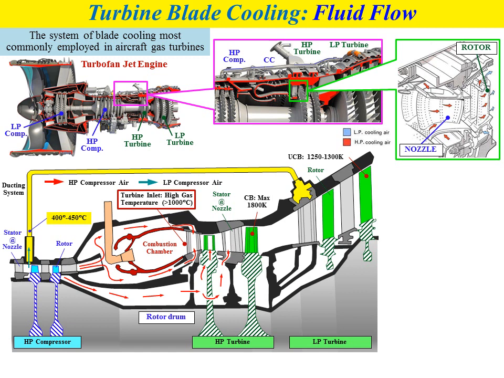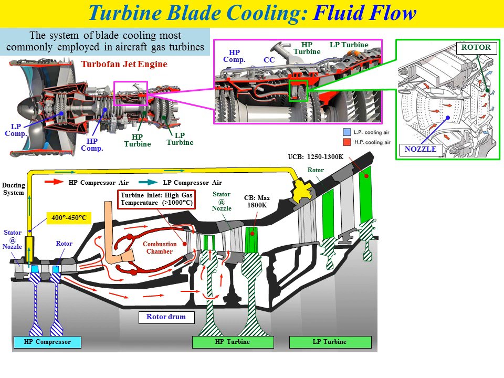However, if you compare it to the temperature of the exhaust gas, the temperature of this low pressure cooling air is considered low. So we can use this low pressure cooling air from the compressor to cool down the turbine blade.